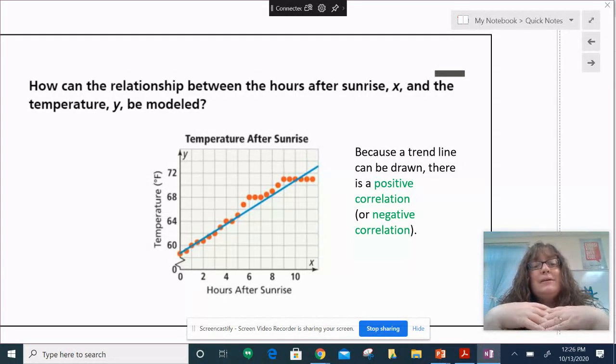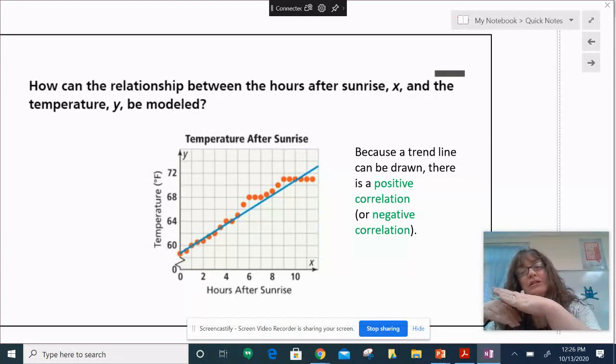Sometimes this means that we have about the same number of points below the line as we have above the line. But sometimes it means that if most of our points fall in a line down here and we have just a few up here, those few points up there would just slightly pull our line up a little bit.